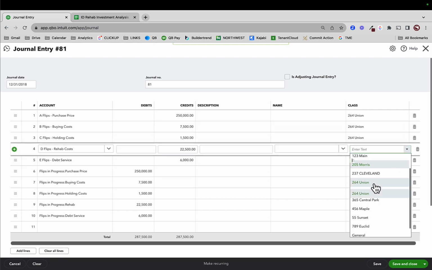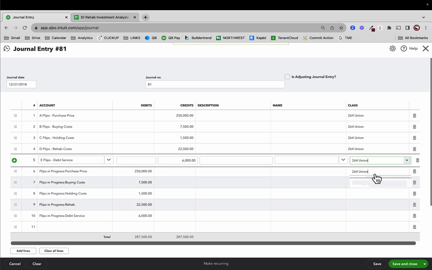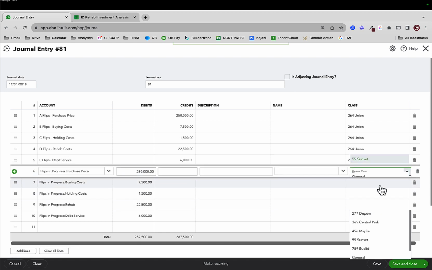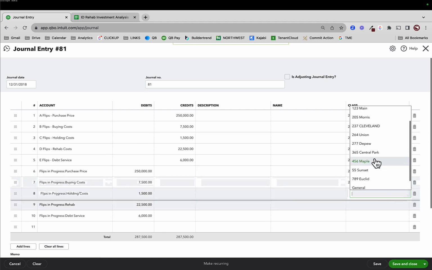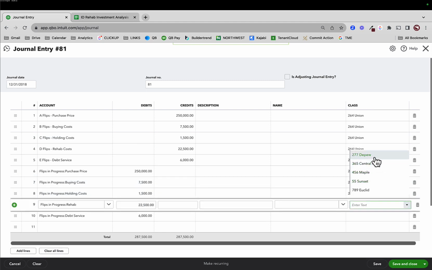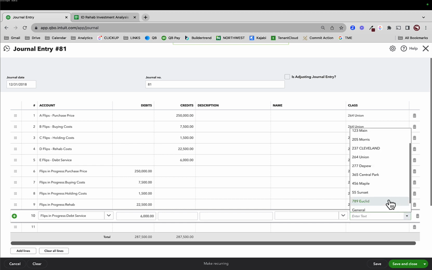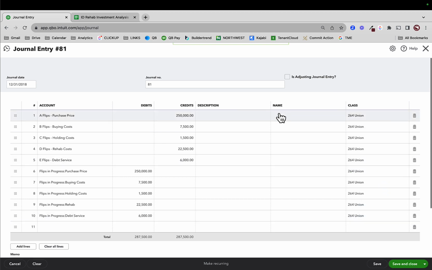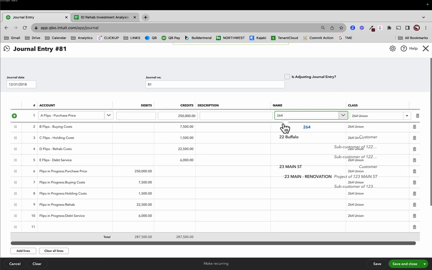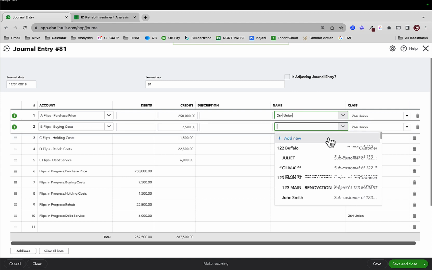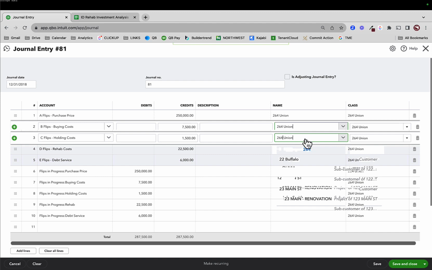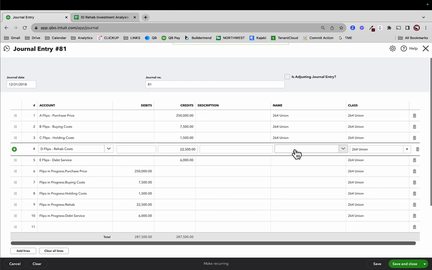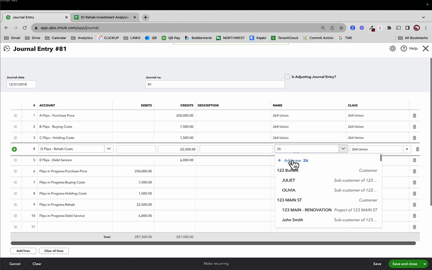And here is the other thing we're going to do, we're just going to use customer. What's cool about that is it's going to leave our project 100% pristine, meaning I can still see a P&L on my project level. Okay. So here, I'm just going to put the customer. I'm not putting the project because this is a balance sheet transaction. Now, QuickBooks does not yet have the ability to click and drag this down, which is annoying.